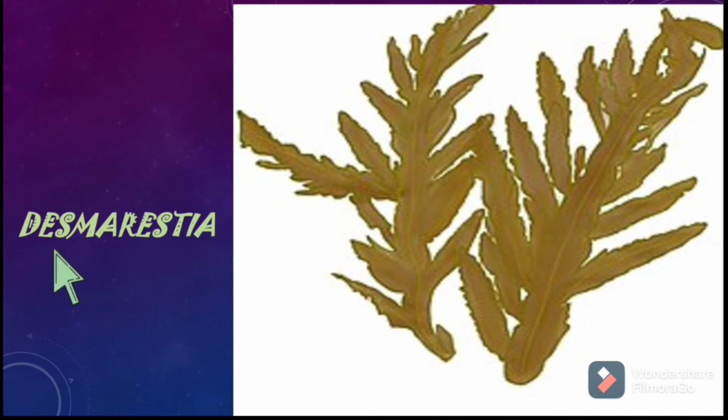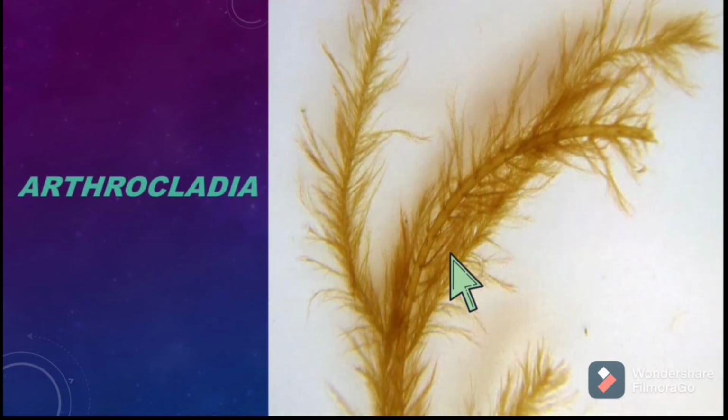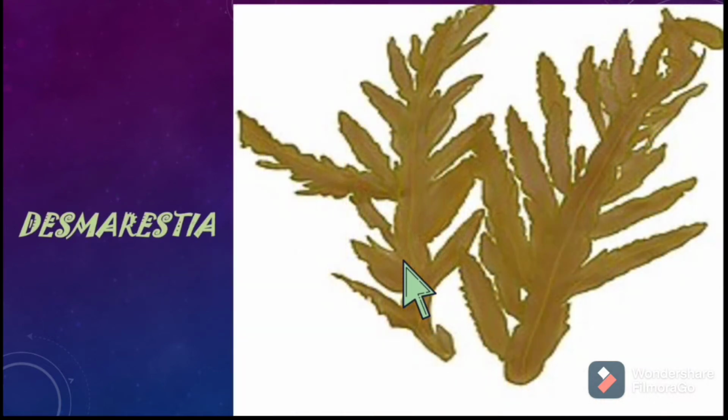Next, we have Desmarestia, and this other species, Arthrocladia. In both of these species the plant body is of the corticated type. So these two species represent the corticated type of thallus differentiation.